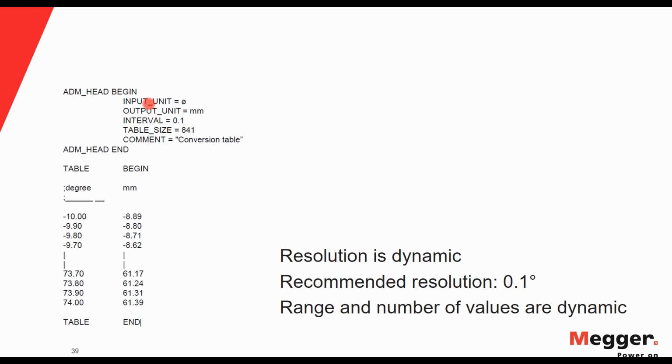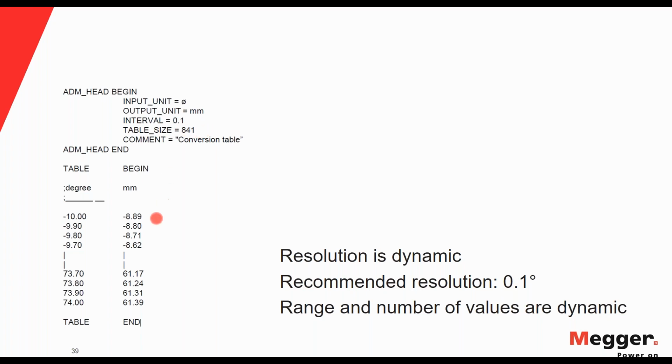This table is inputting an angle value and outputting a millimeter value. So I'm converting from angle to millimeter, which is more beneficial for me to have a millimeter value. And each measurement is in the interval of 0.1 angle. And then I have the table size, I have 841 values.